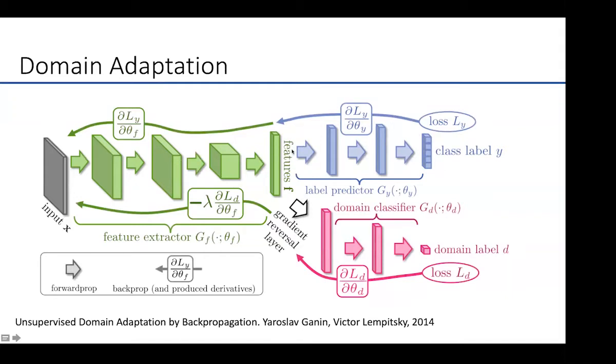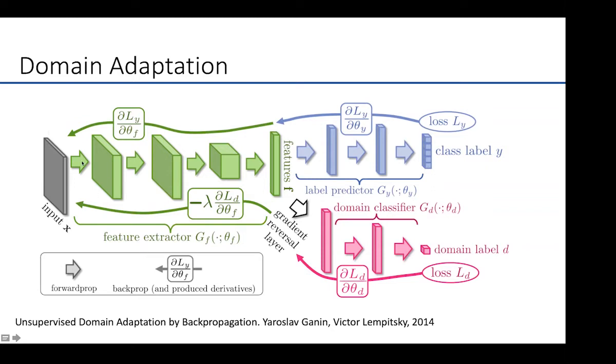There are three parts: feature extractor, hand pose estimator, and domain classifier. The hand pose estimator outputs all the key point locations. The domain classifier outputs whether the image is from the real or from the synthetic dataset.